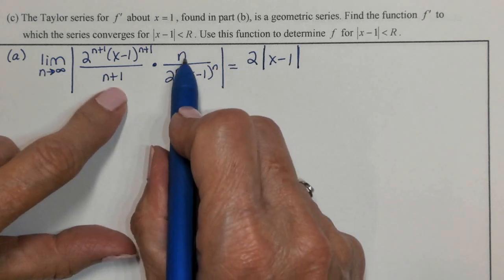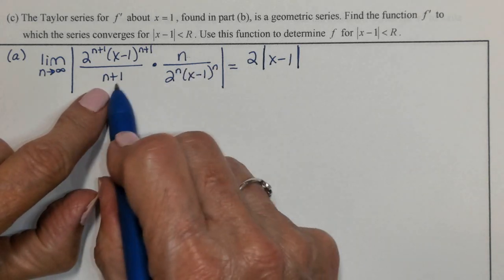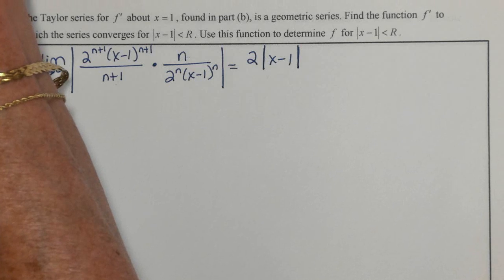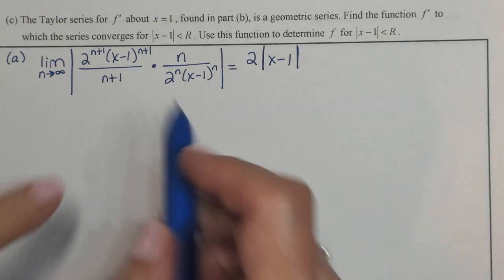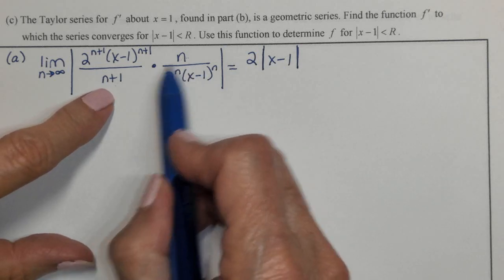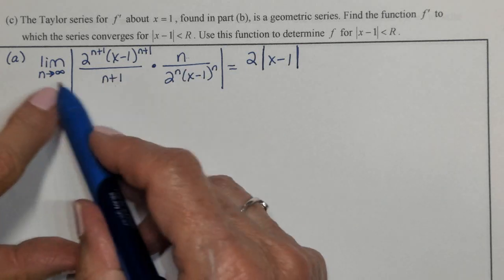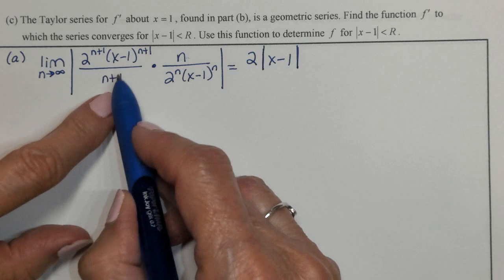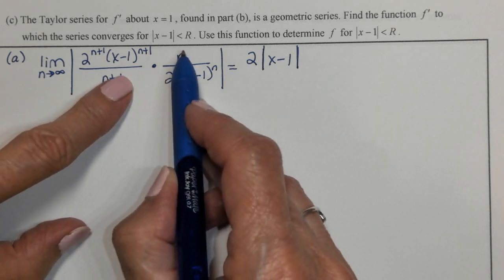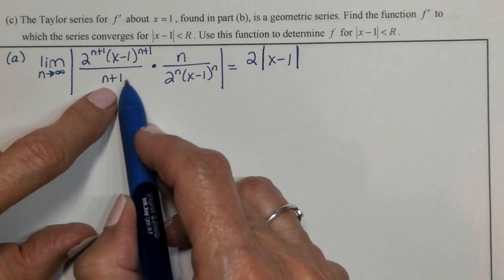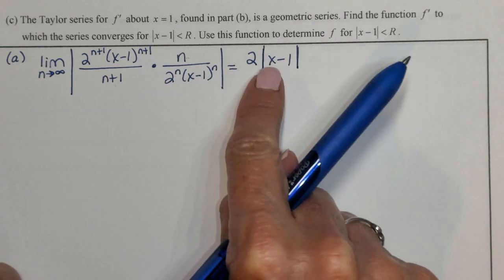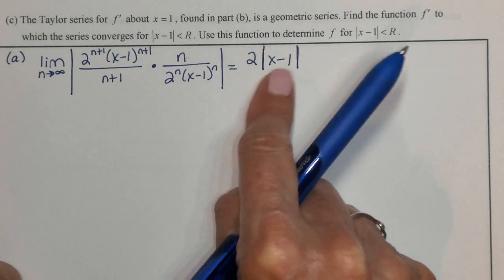And then for the n's, these n's do not reduce. So the n and the n plus 1, they do not reduce, but as we take the limit, they go to 1. And that will always happen, right? So the answer to this limit is just what's there.